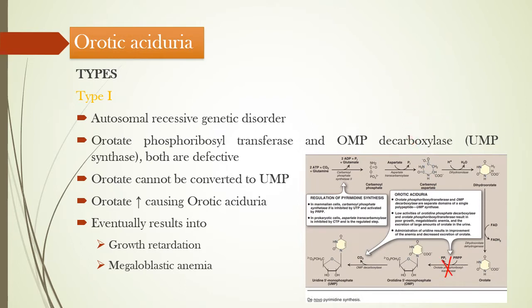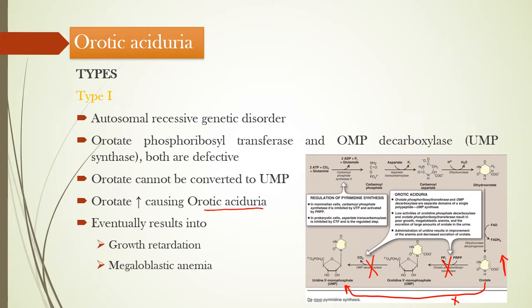When these two domains of UMP synthase are defective, then orotate cannot be converted into UMP, and there is an increase in the concentration of orotate in blood and in urine. If it is present in excessive concentrations in blood, then this is called orotic acidemia, and if in urine, then it is called orotic aciduria.